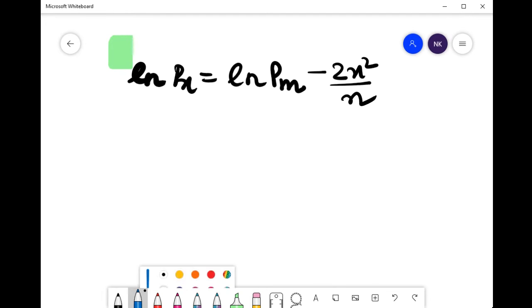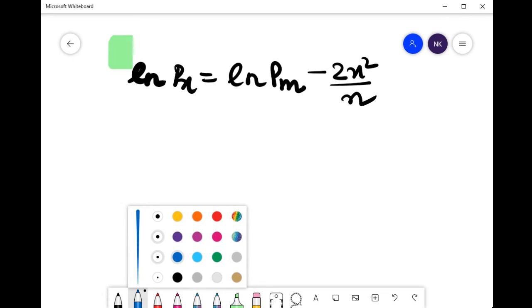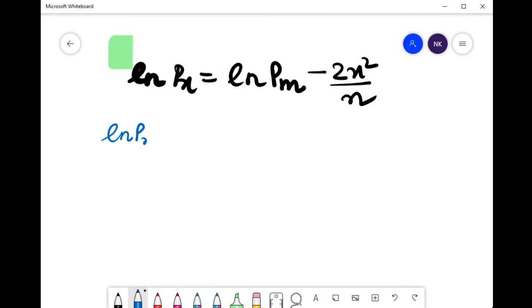Take log to the left hand side. Taking logs to the left hand side, what I am getting? Log of px minus log of pm is equal to minus 2x square divided by n. Are you getting it?